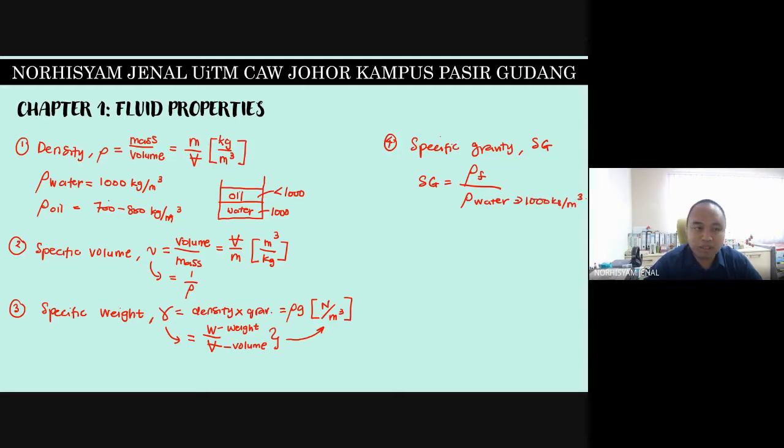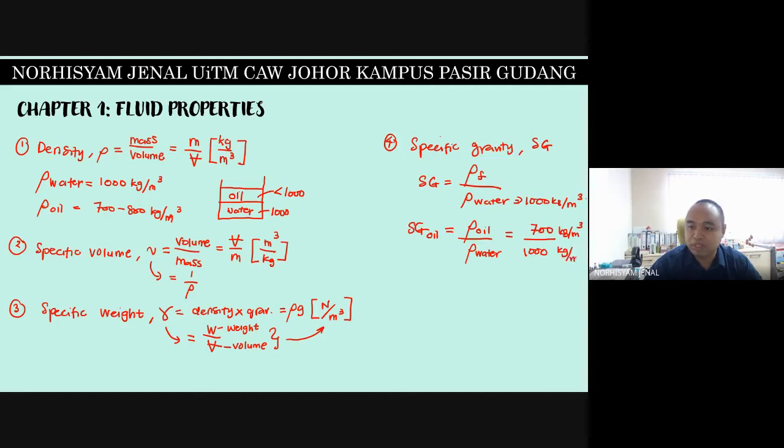So for example, if you are using oil over here, so Sg for oil is equal to the density of oil divided by the density of water. Or it is equal to, for example, I'm taking 700 divided by 1000 kg per meter cube.